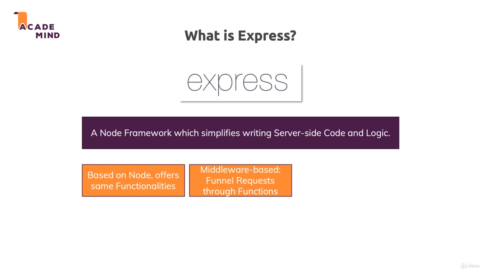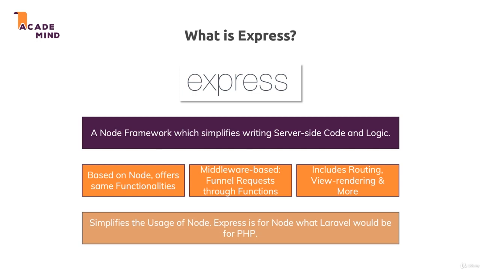And in general, with other features like routing, view rendering, and more, we got a lot of tools and clear rules that almost force us to write amazing and really well-working Node.js applications. So it really simplifies the usage of Node.js, and if you know PHP, it's a bit like what Laravel is for PHP, an amazing framework that simplifies the usage of the language.